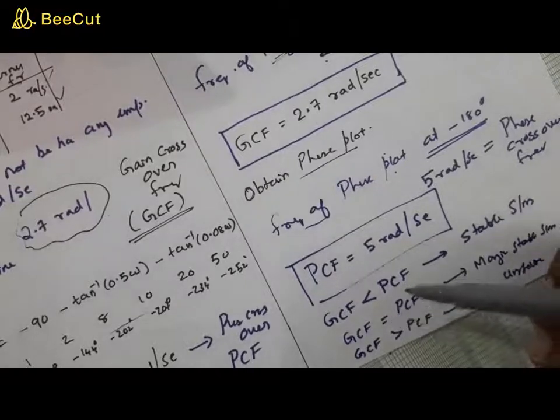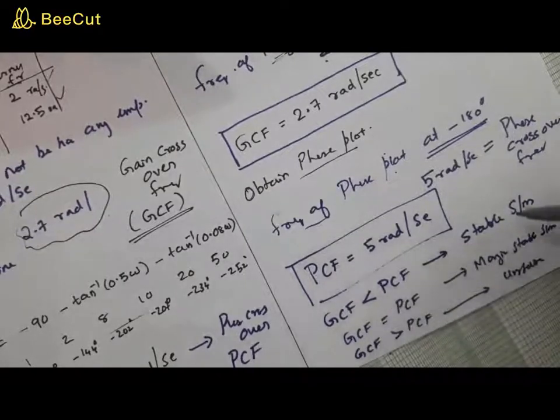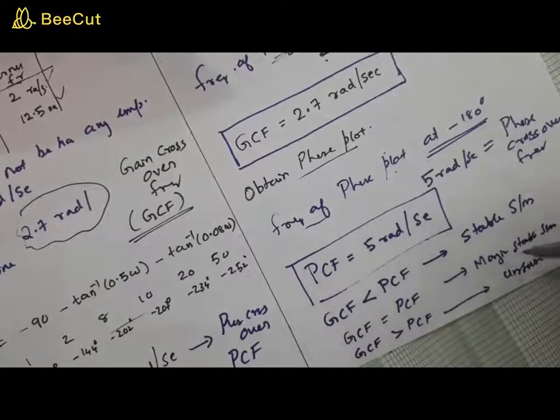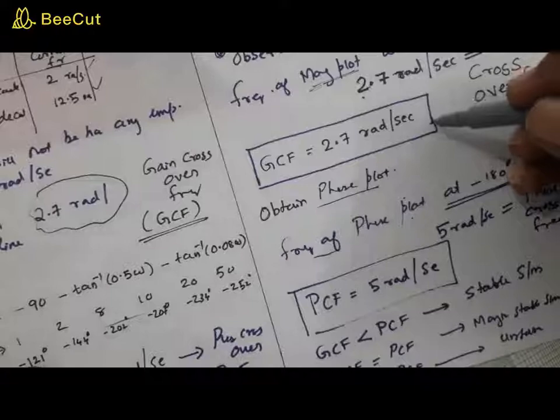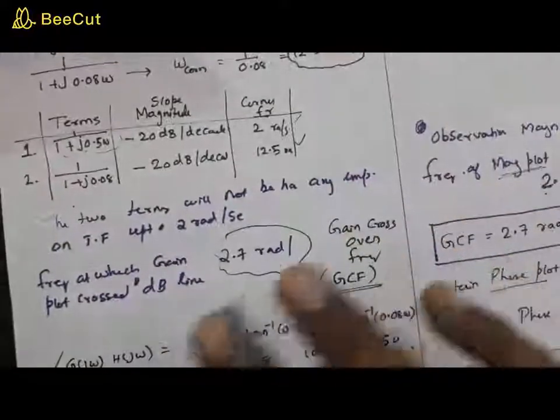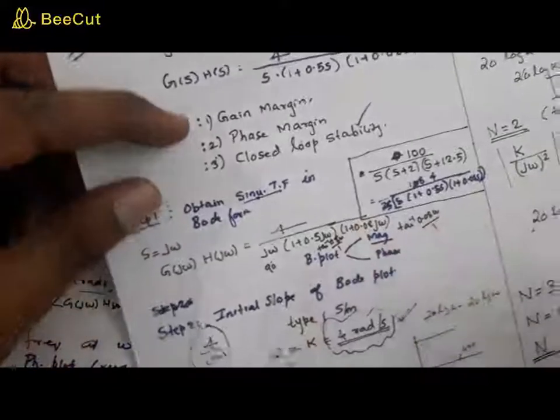So when GCF is less than PCF, it is a stable system. GCF equal to PCF, it becomes a marginally stable system, and GCF greater than PCF, it's an unstable system. Now from this problem, we understood that GCF is less than PCF. So this system, which is represented by this transfer function, is a stable system.